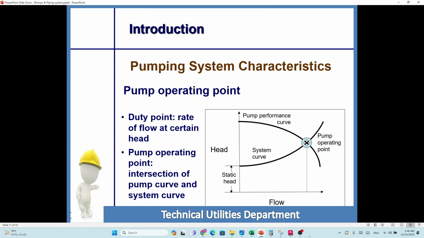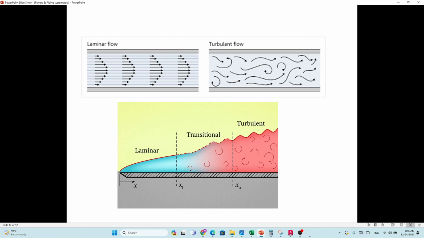For understanding this behavior of water or calculating accurately, you need to understand whether the flow is laminar or turbulent. Yeah, the basic concept of laminar and turbulent flow. Right now we don't have a lot of time to explain everything, but I have given you a basic idea of laminar and turbulent flow.